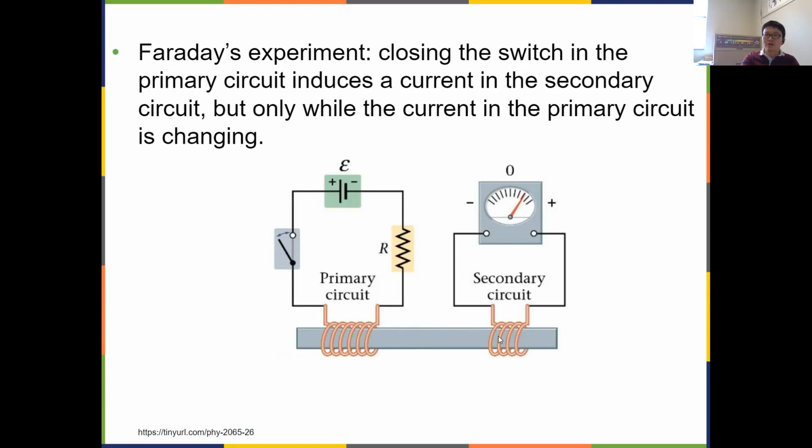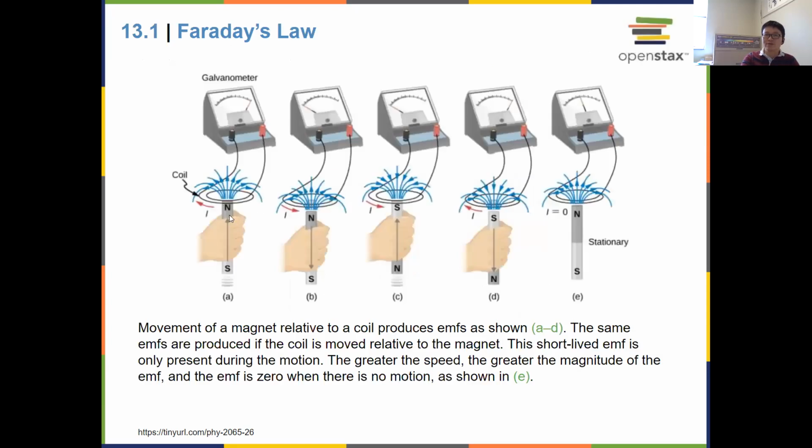This is similar to what we have seen earlier. If you approach the magnet to the coil, the magnetic field in the coil gets stronger, and if you pull it away, it becomes weaker. If there's a change in the magnetic field strength in the coil, then there's a current induced.